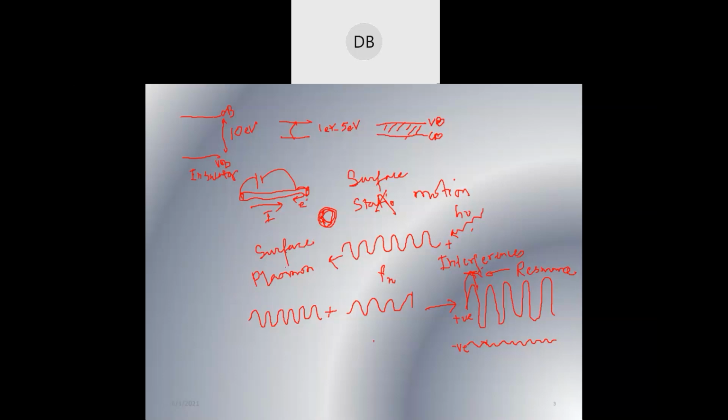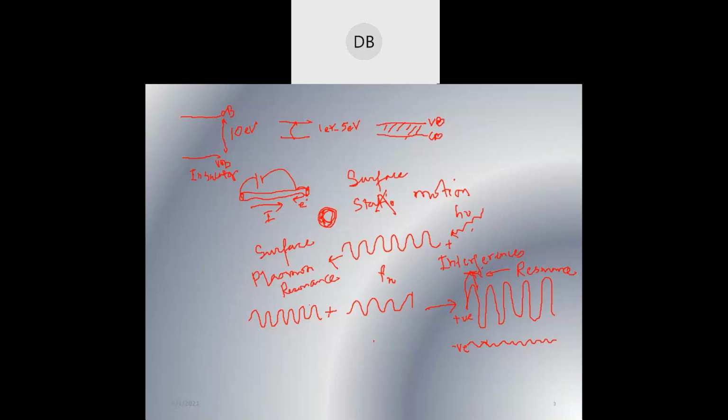Then light falls on it, and there is a resonance at a particular frequency, and we result in what we call surface plasmon resonance. At that particular frequency, the nanoparticles radiate out the energy.